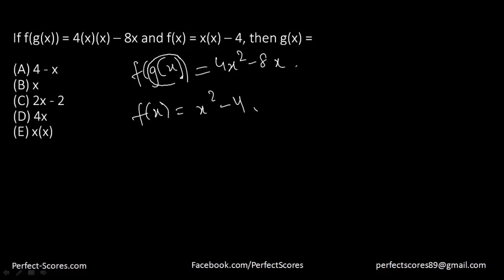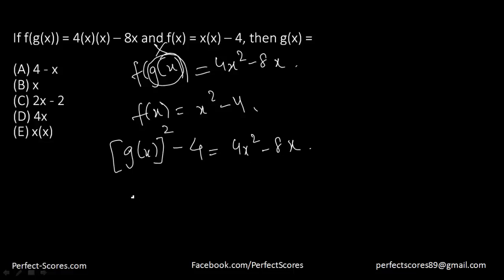That means this can be treated like an input. So that is going to be equal to g of x whole square minus 4 is equal to 4x square minus 8x. That means g of x whole square is equal to 4x square minus 8x plus 4.